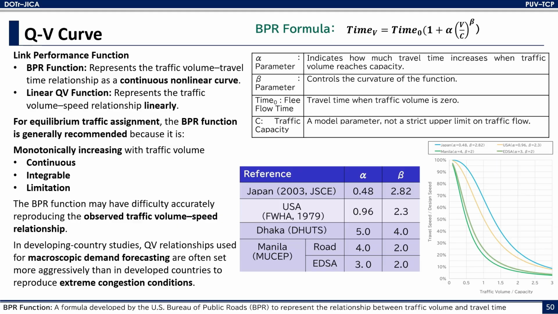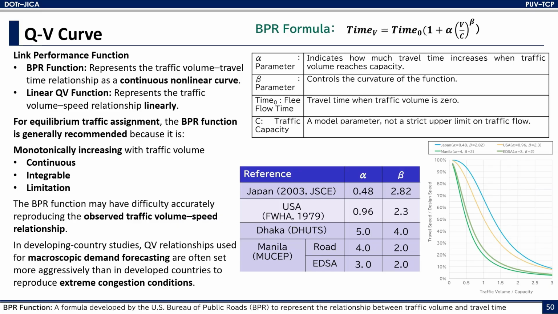And the BPR function, according to this formula, estimates the travel times according to the traffic volumes against the traffic capacity. Then how to estimate these parameters, alpha and beta, is a very focal point for the settings.